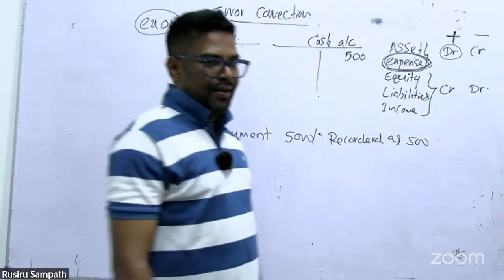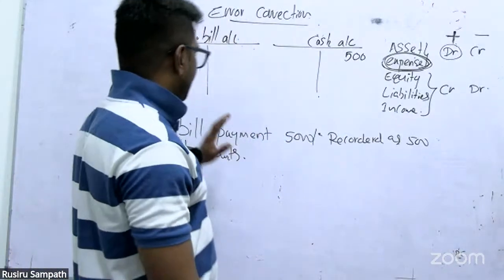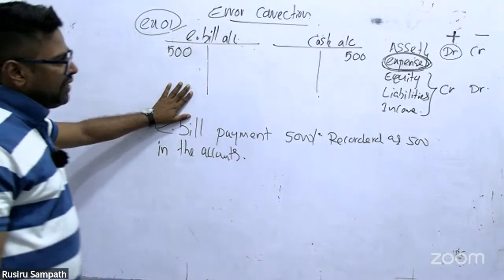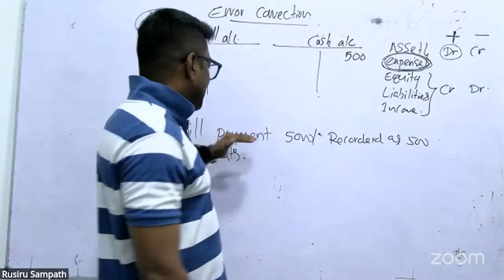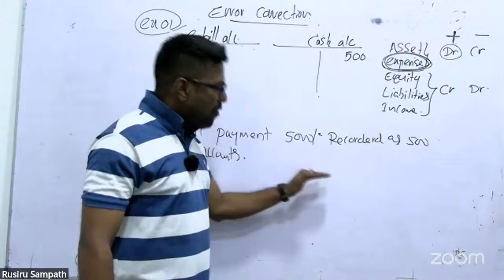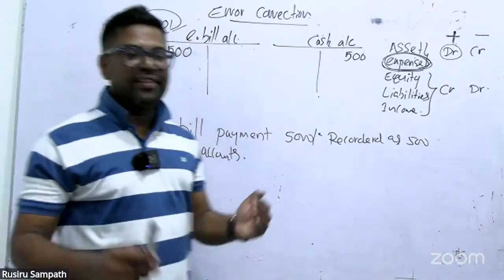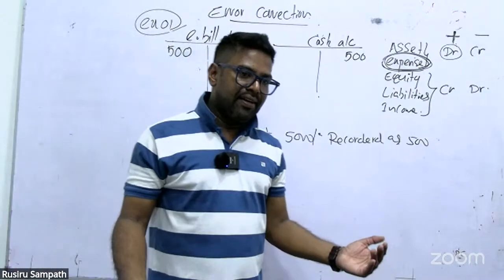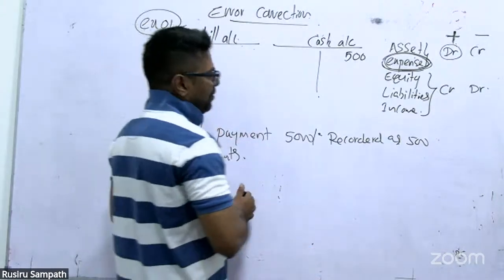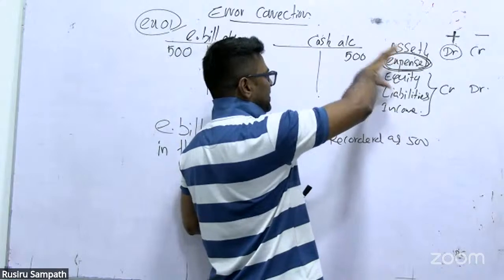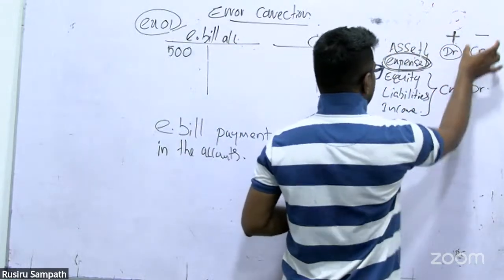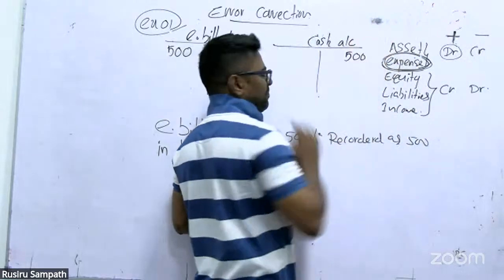First one, I tell again. E-bill payments 5,000 rupees, but recorded as 500 in the accounts. That is the error. Then how to record the ledgers? Cash paid means asset decrease, credit in cash accounts.